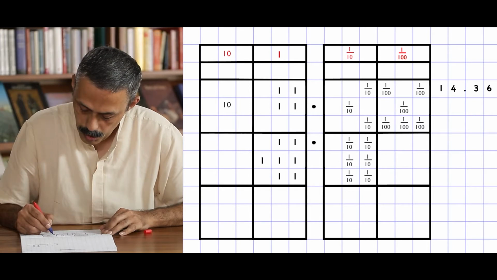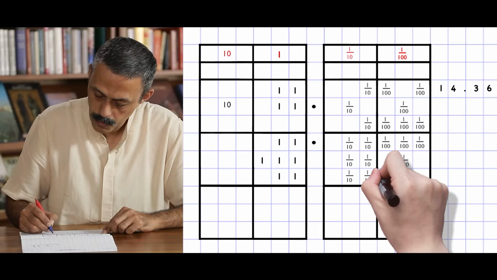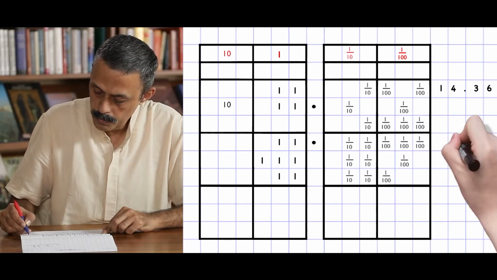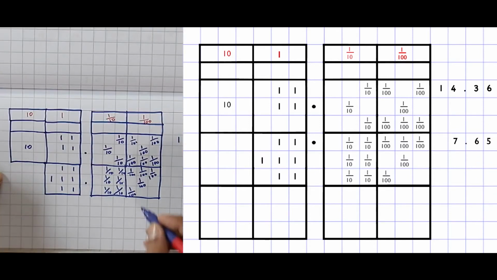So 5 is in the 100th position. We have to write it 5 times. This is 7.65. Now we have to add these two numbers, 14.36 and 7.65.